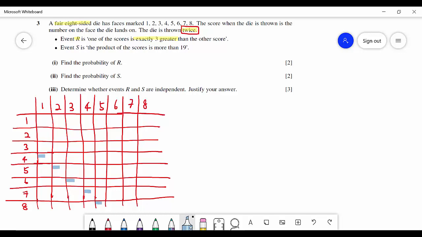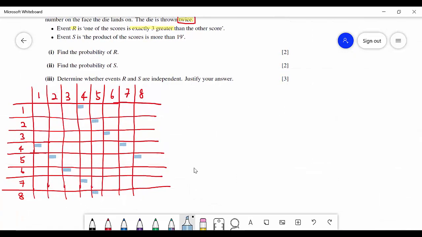Then 8 minus 5, you get 3. You can double check with the other outcomes here. This cell is 4 minus 1, and the difference is also equal to 3. Then 5 minus 2 equals 3, 6 minus 3, 7 minus 4, and also 8 minus 5. So all these are the outcomes for event R.